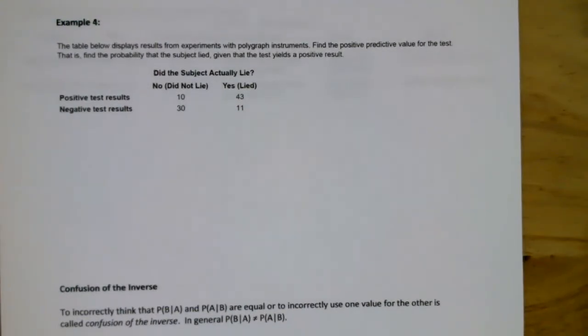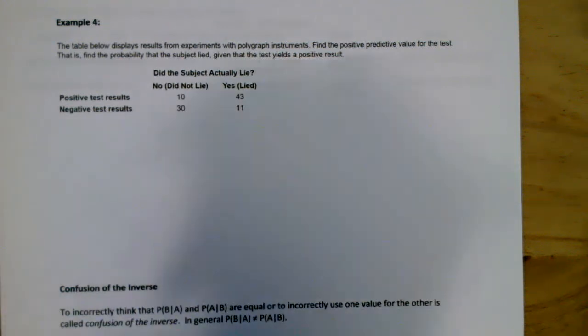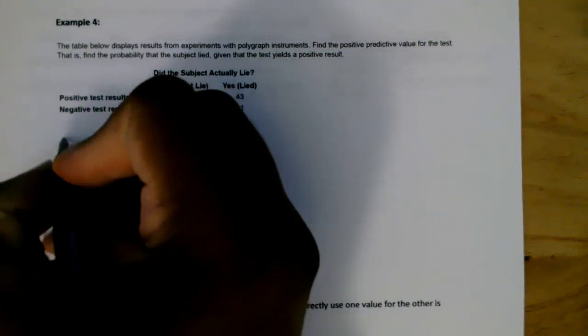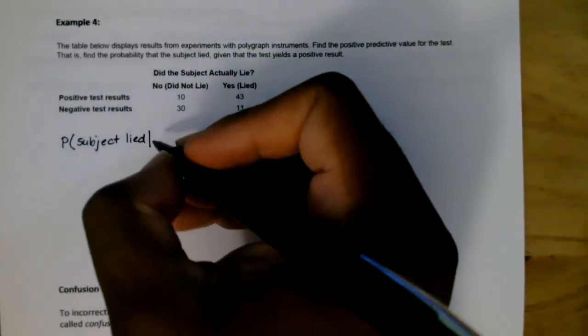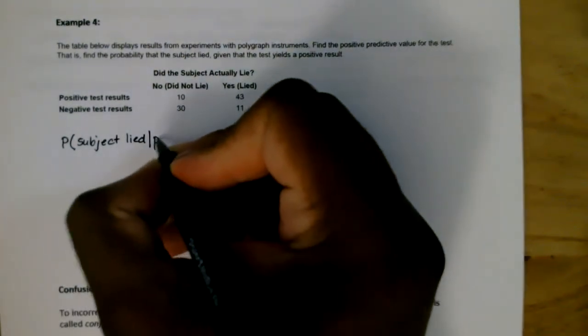Okay, so here is that table. And we're looking for the probability that the subject lied, given that the test yields a positive result.